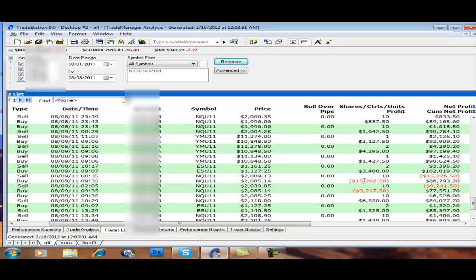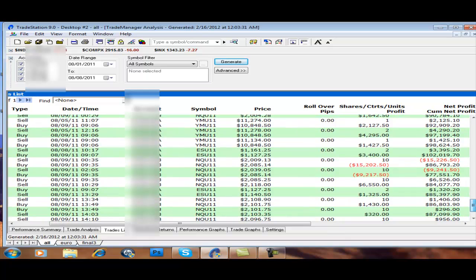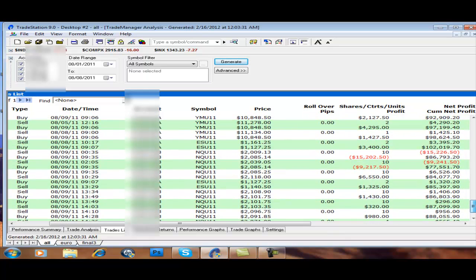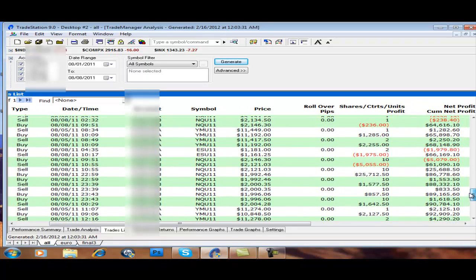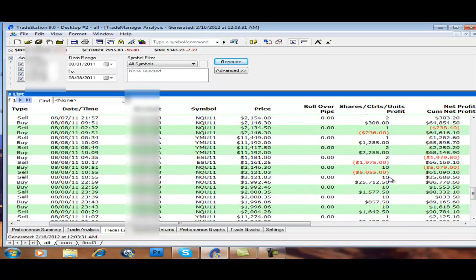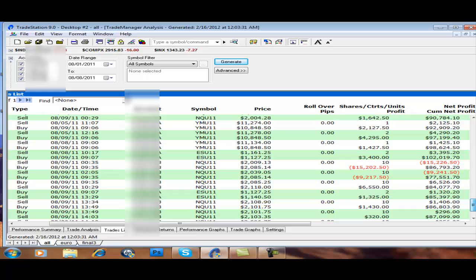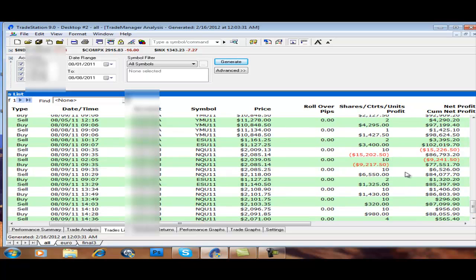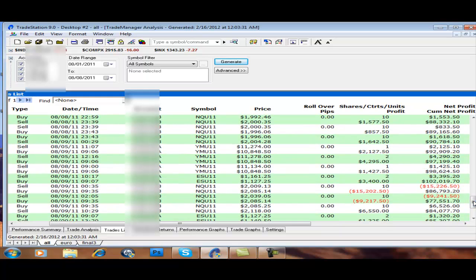So trading with big contracts, I'm just giving you this example here of it came in, and that went out. But anyway, just thought you'd find that interesting.